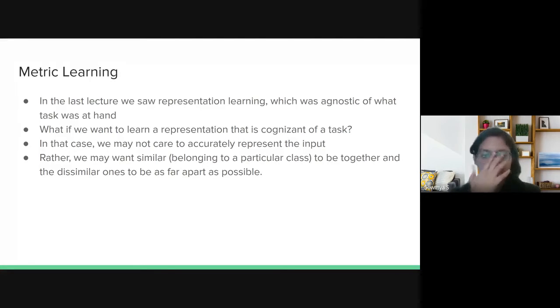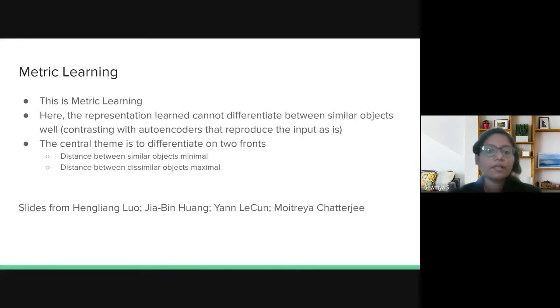So that is metric learning, where we want to keep the vectorial representations at a distance. So metric, of course, can also mean distance, at a distance that captures the task that we are trying to learn. So here, cannot is a strong word, but what I mean to say is if I have a classification problem, a two-class classification, then representations for one class objects will be quite similar.